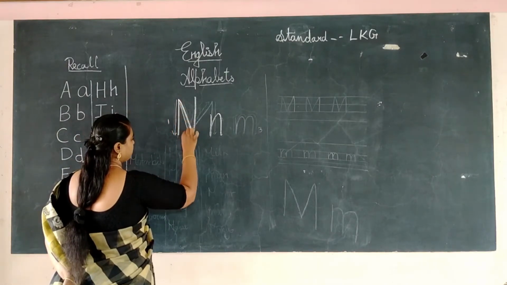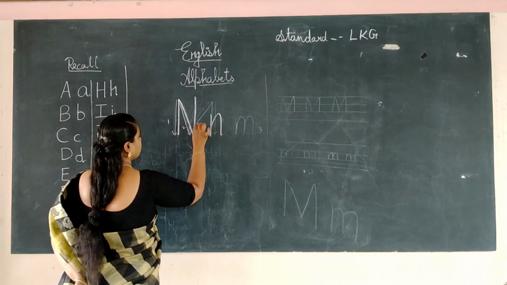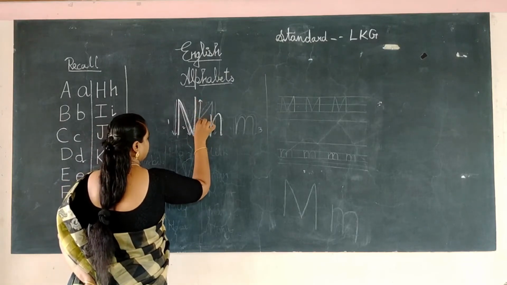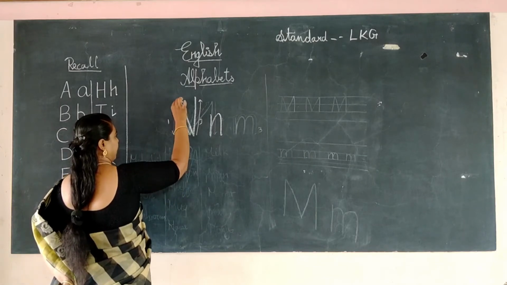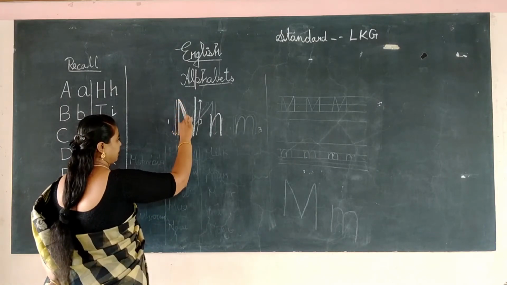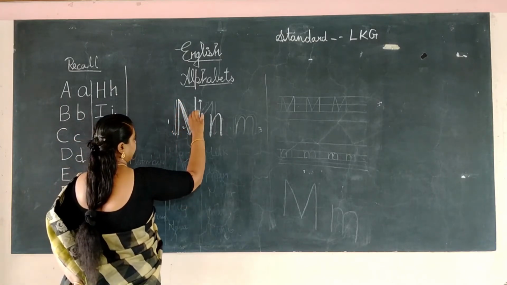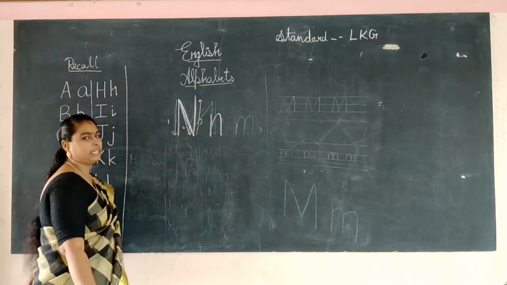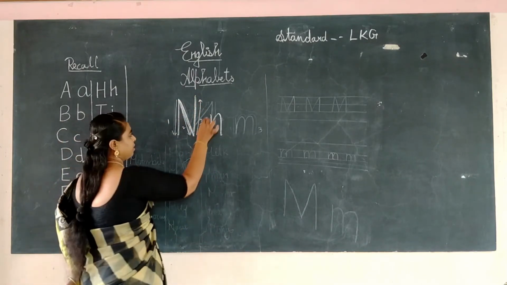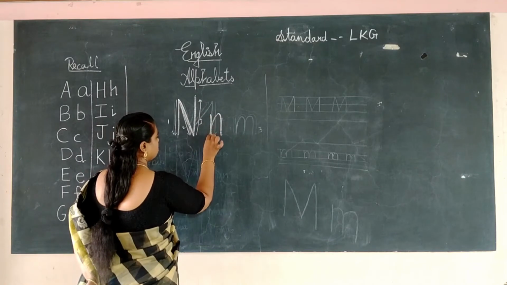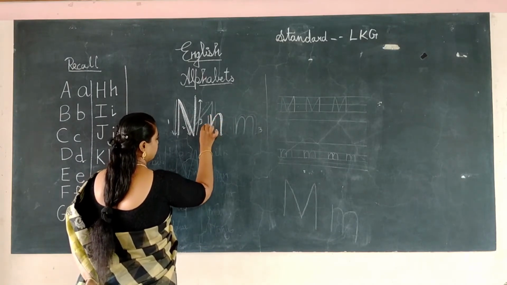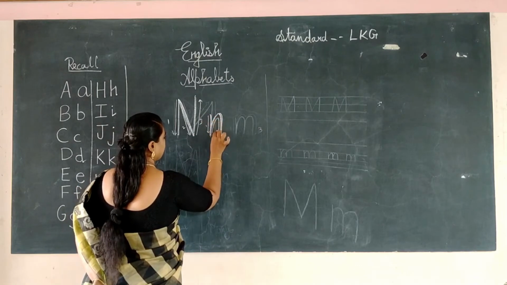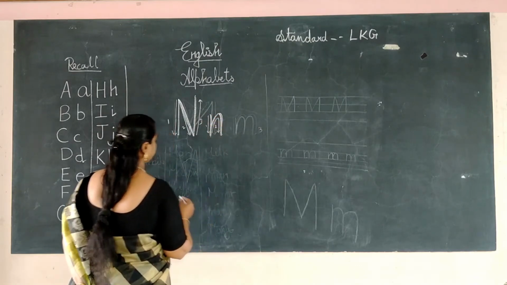1, 2, 3. First you want to write a standing line, then a slanting line, again a standing line, capital N. And this is small n. 1, 2.